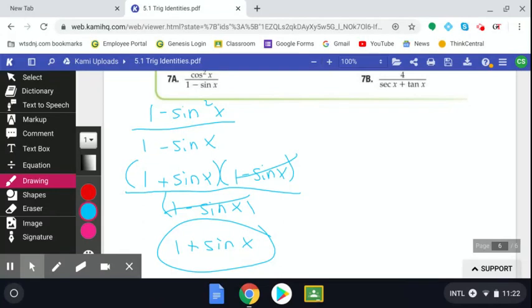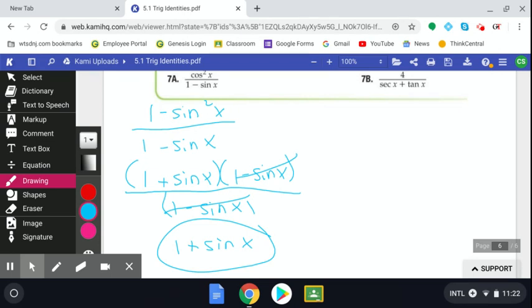And then for 7b, I don't see much there that I can do as far as canceling out or simplifying.